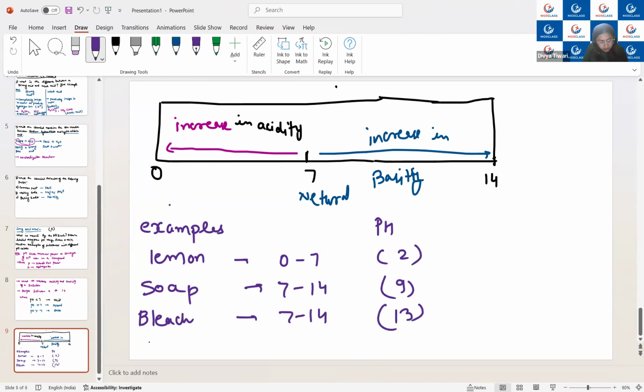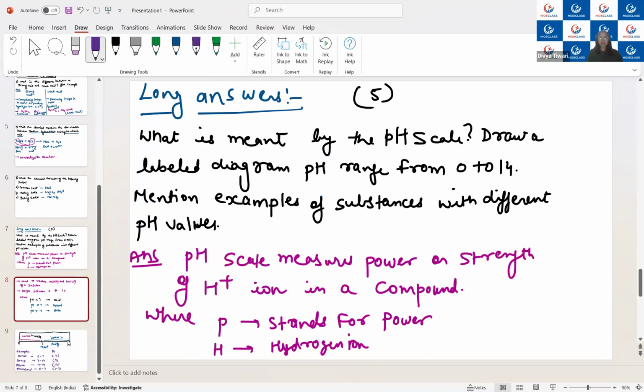And you can write stomach acid, and it's between 1 to 2. Okay, so this is how you will write your answer, then only the 5 marks will be given to the question. I guess this is clear to all of you.